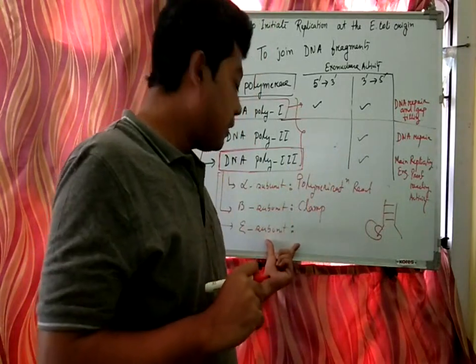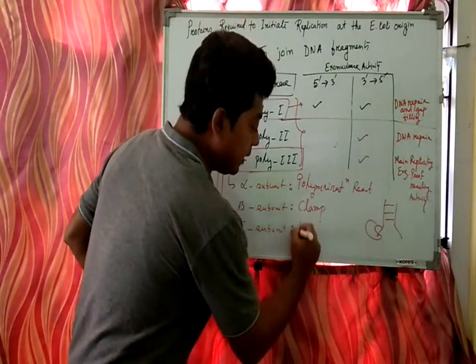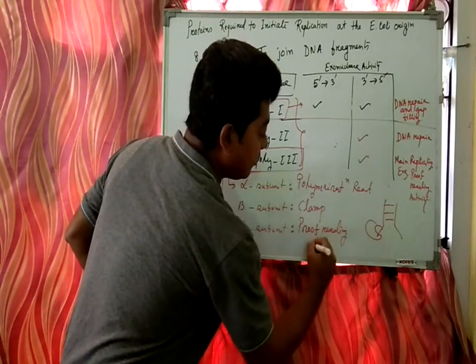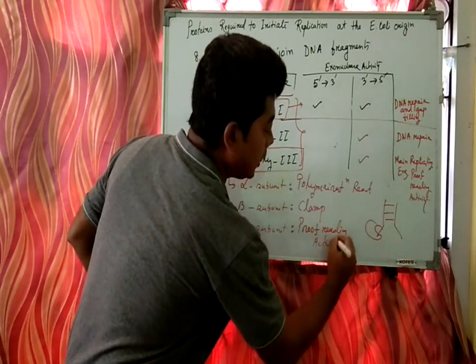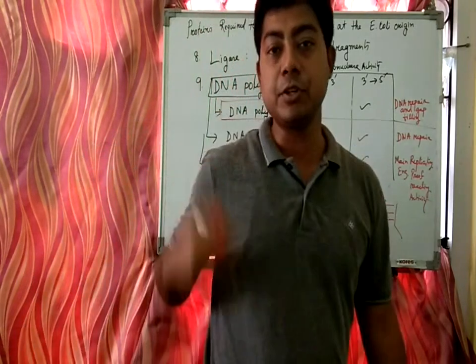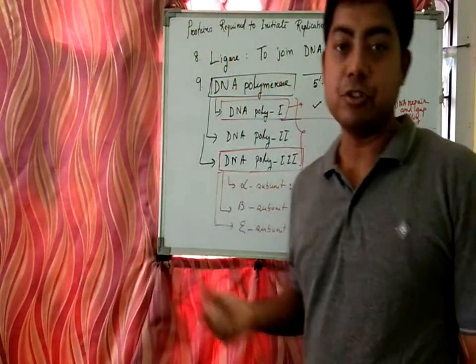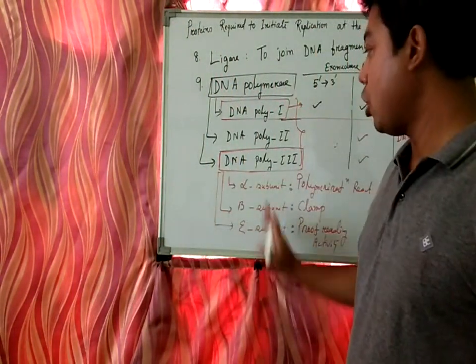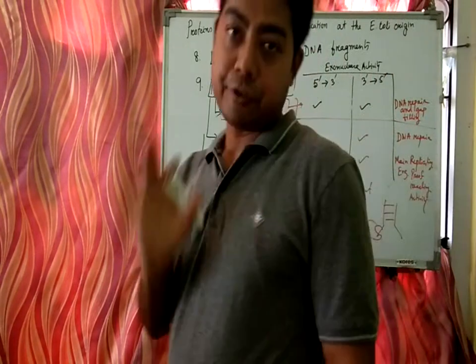Another one, the epsilon subunit, gives the proofreading activity. We already discussed proofreading activity. That means it gives the 3 to 5 exonuclease activity. So these are some subunits of DNA polymerase III.